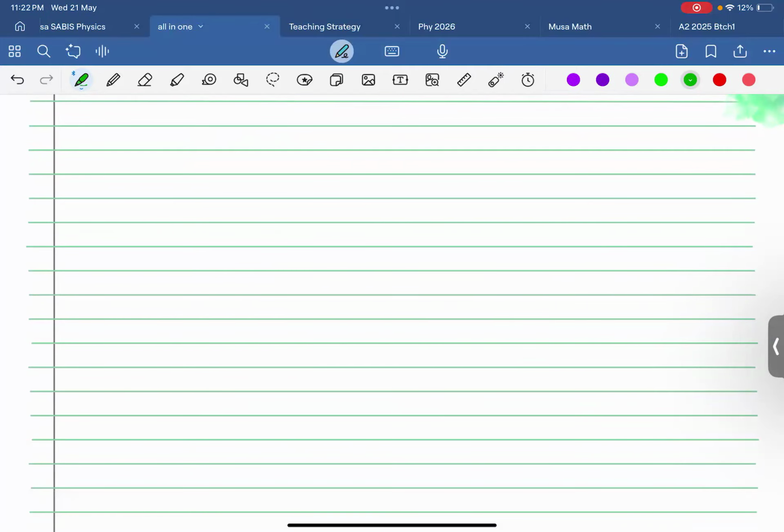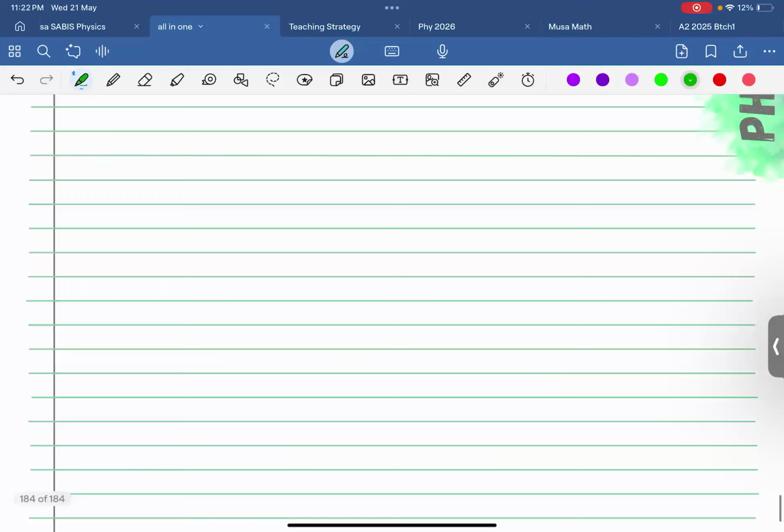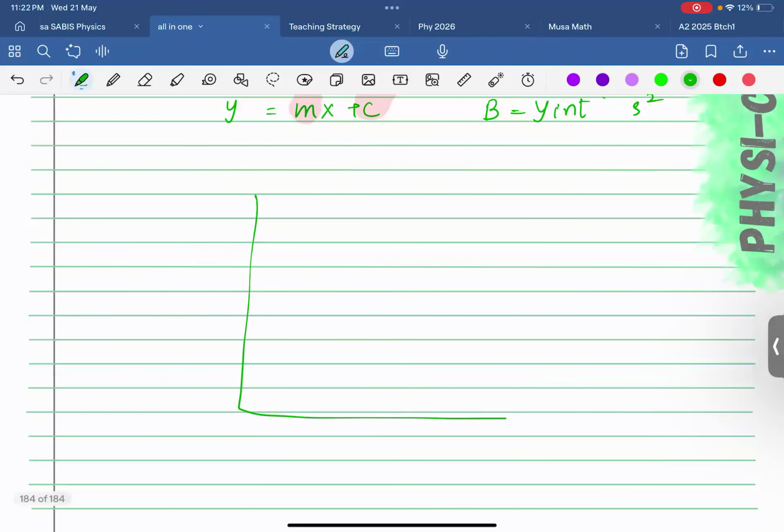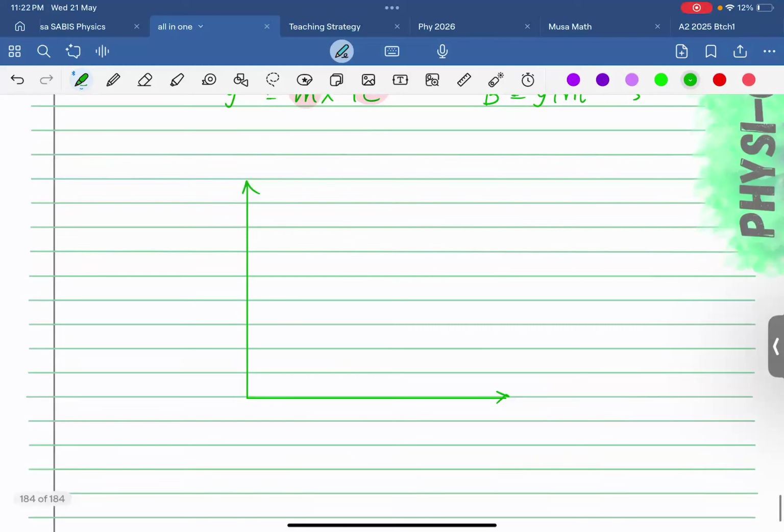Okay, so I have the graph drawn. We drew the graph in the previous part, and that is of the quantity. So F on the y-axis in Newton, I think it should be okay, yes, Newton.